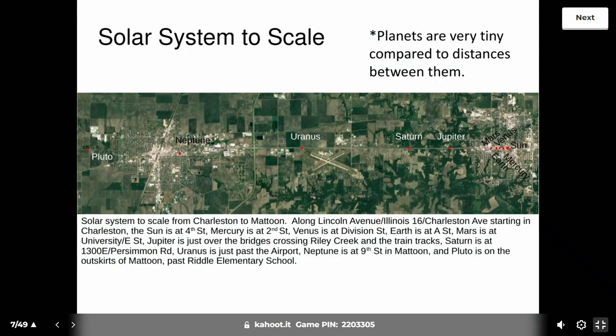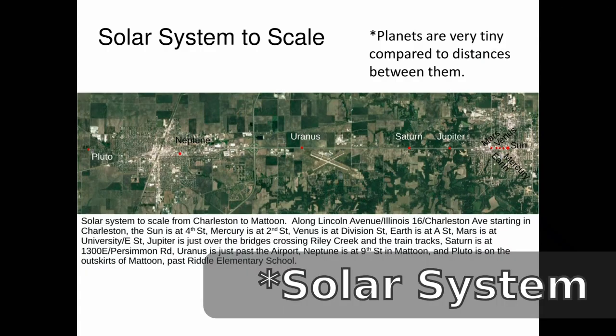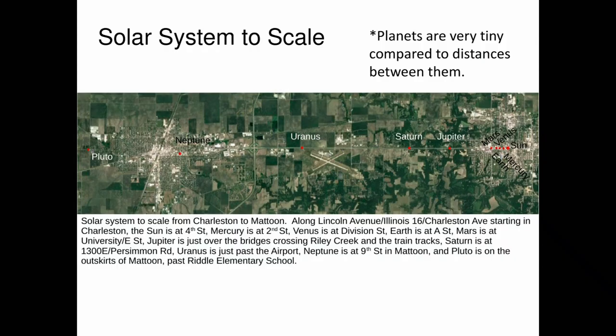Okay, so if we want to get a sense of the scale of the solar system, we can shrink everything down to about the size of the area of Charleston and Mattoon. So if we put the sun right at the corner of 4th Street and 16, just right outside of this building, then you get Mercury, Venus, Earth, and Mars all before you leave Charleston.